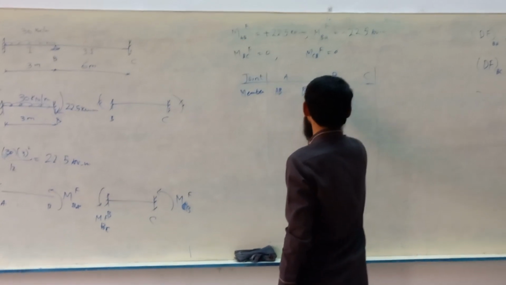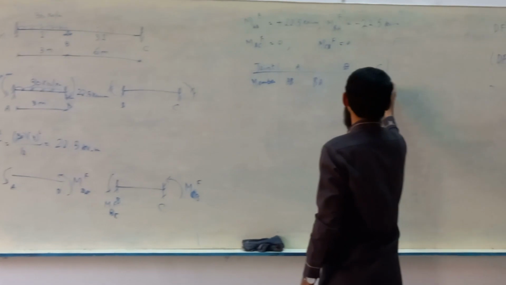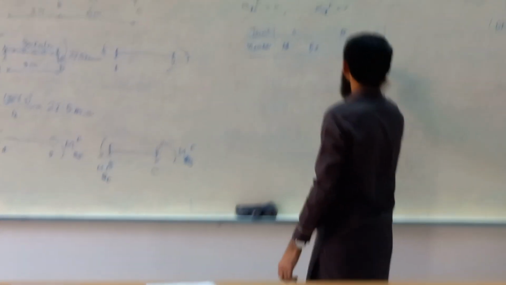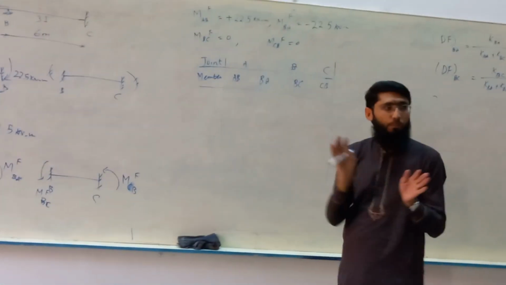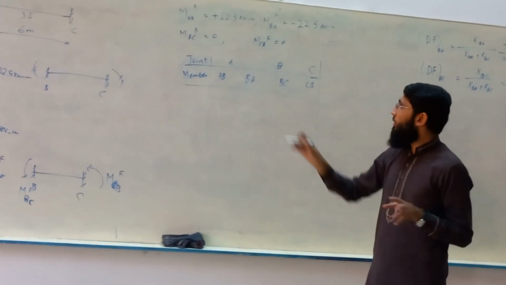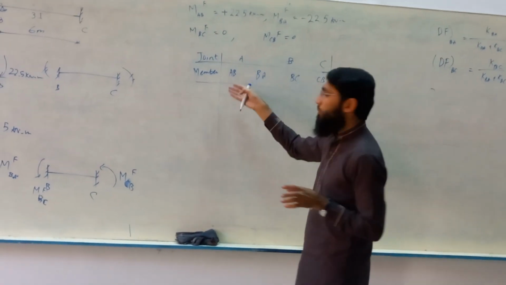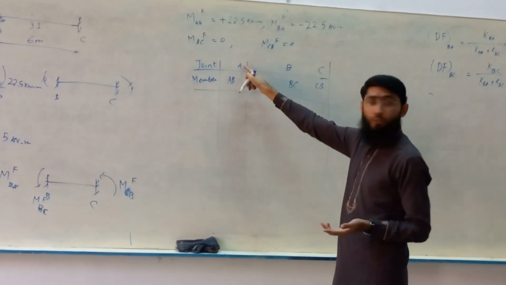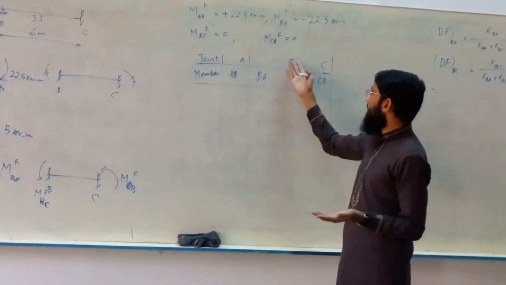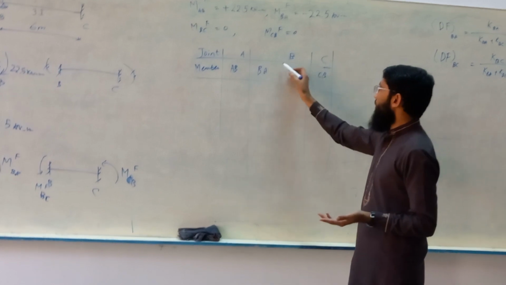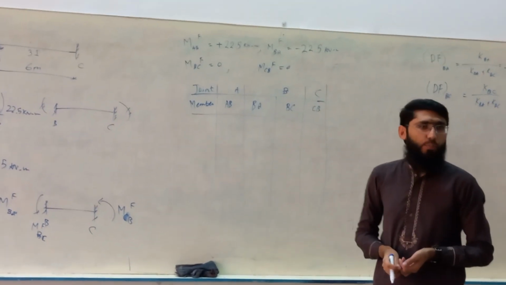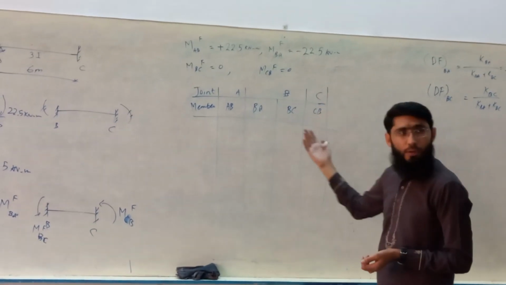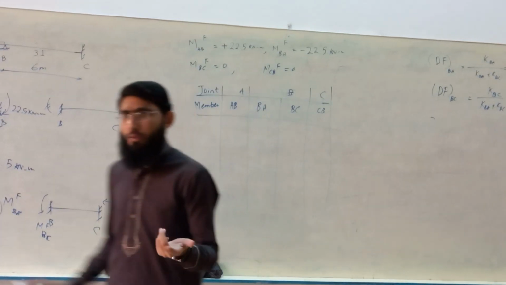AB, BA, BC, and CB. These are the members, but make sure that it is clearly possible to see which member is connected to which joint. Okay, so this is A joint, just one member, AB. This is B, and we've got 2 members, BA and BC over here. And this is C joint, and we have got just one member, CB.